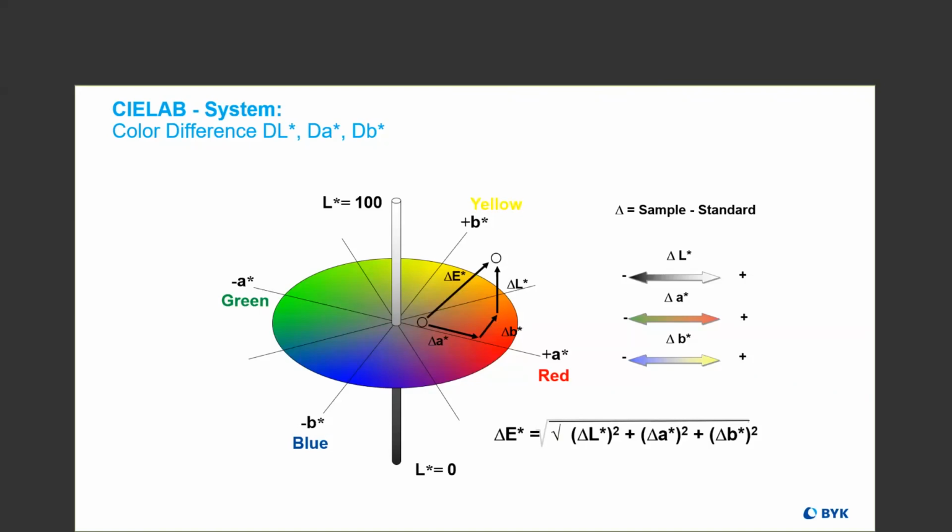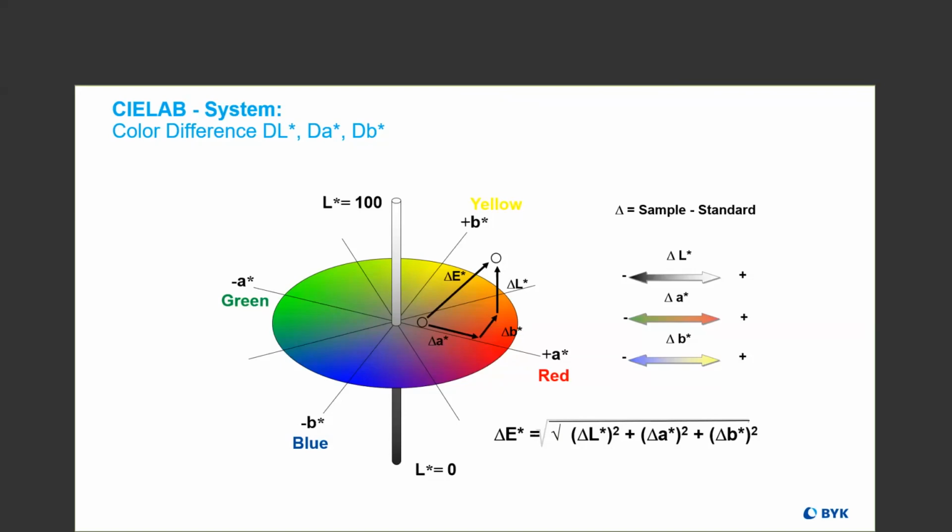So if you were to plot two sets of LAB coordinates and actually measure the distance between them in LAB space, that's what you're calculating with the DeltaE star value. And so that's a single number that tells you the overall color difference between sample and standard. And that's better than having to look at three values.